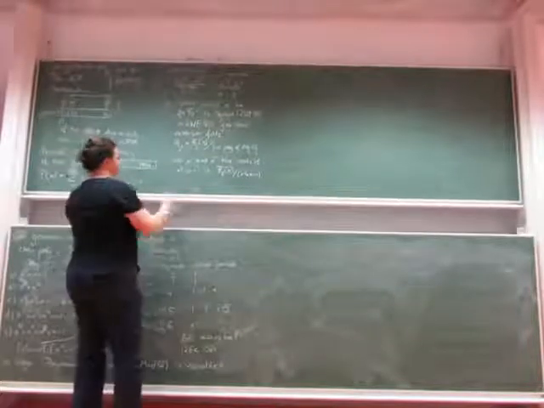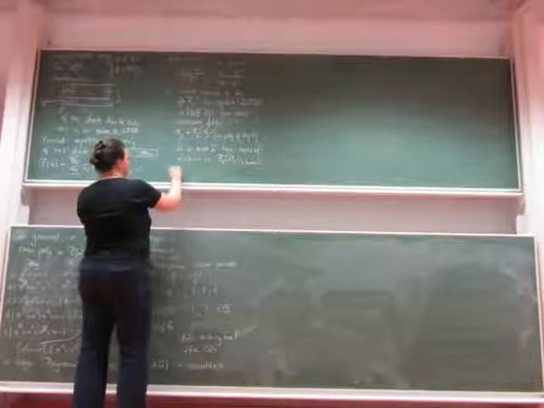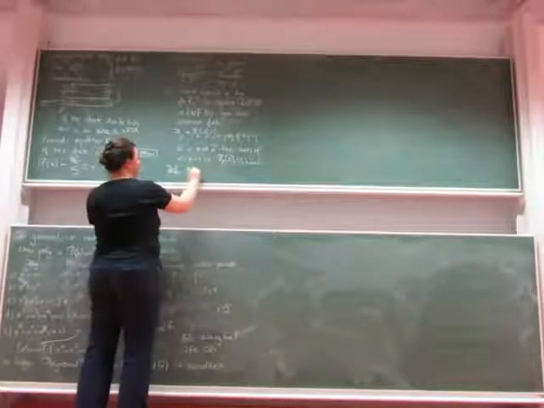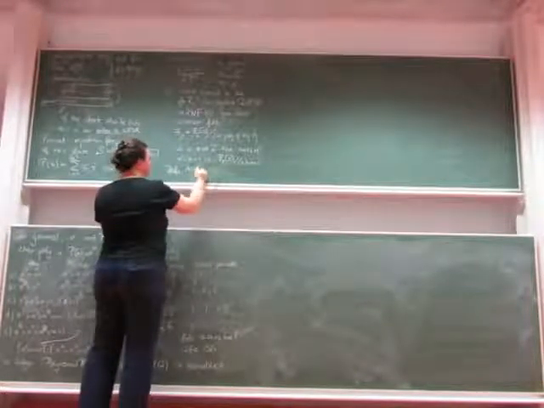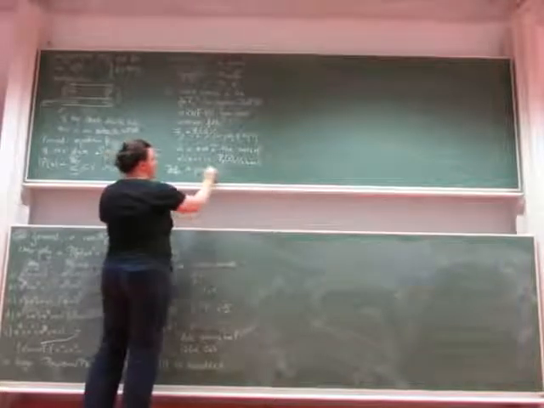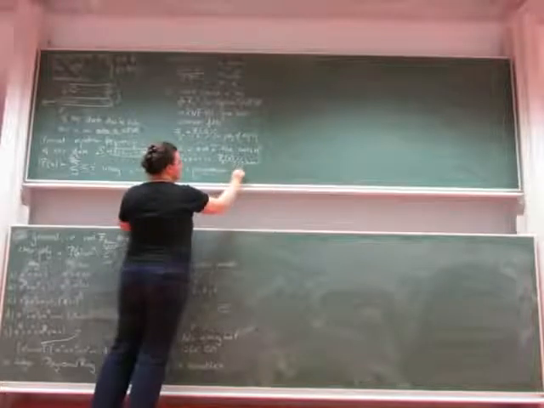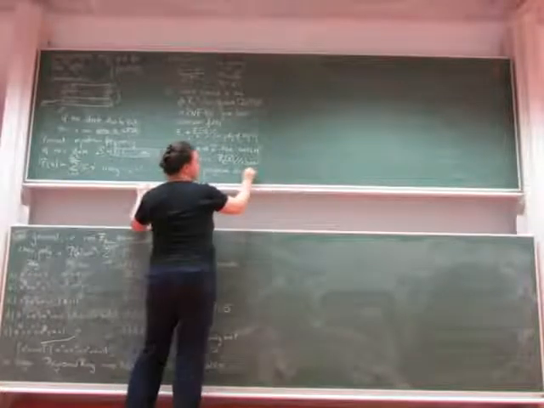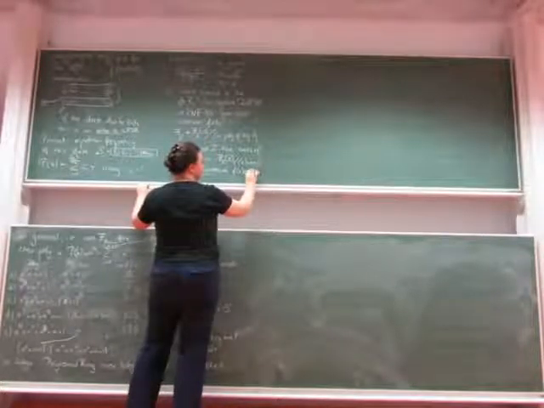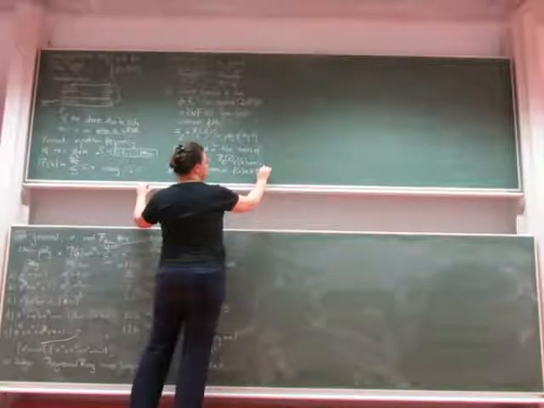And I mentioned before, irreducible is a fancy word, so I should say what irreducible means. So we have a polynomial f of x where the coefficients are in some field k.